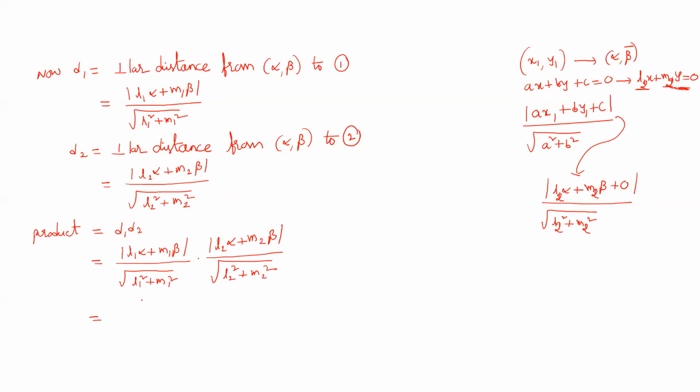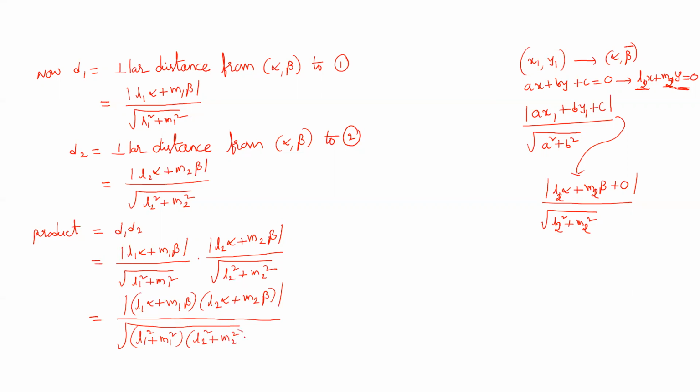Now combining the modulus in the numerator, mod of L1 alpha plus M1 beta into L2 alpha plus M2 beta. Similarly, in the denominator, combine the square roots together: root of L1 square plus M1 square into L2 square plus M2 square.